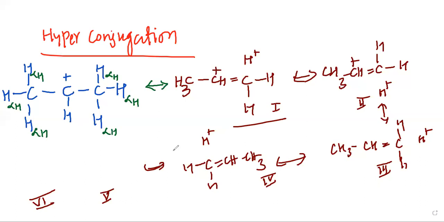Same way, dear students, let's look at the next possibility. Suppose you have this: CH3 plus. Then you have CH2, CH3 plus. Then you have CH3 twice plus.